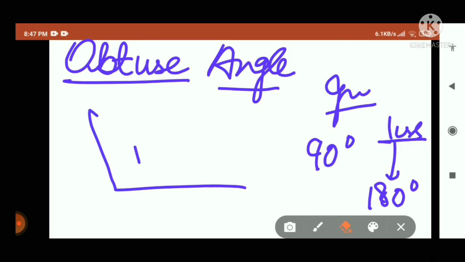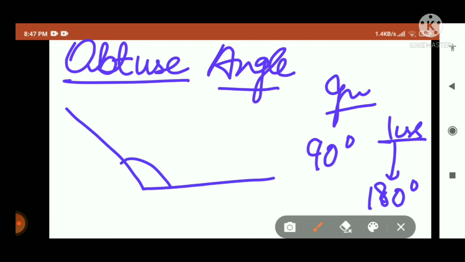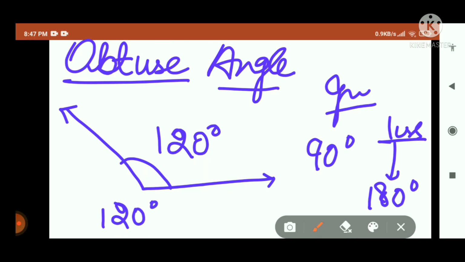Let me take an angle which is of 120 degree. Okay, just imagine it. It's not a fair figure I am going to show you, it's just a rough figure. So this is 120 degree.